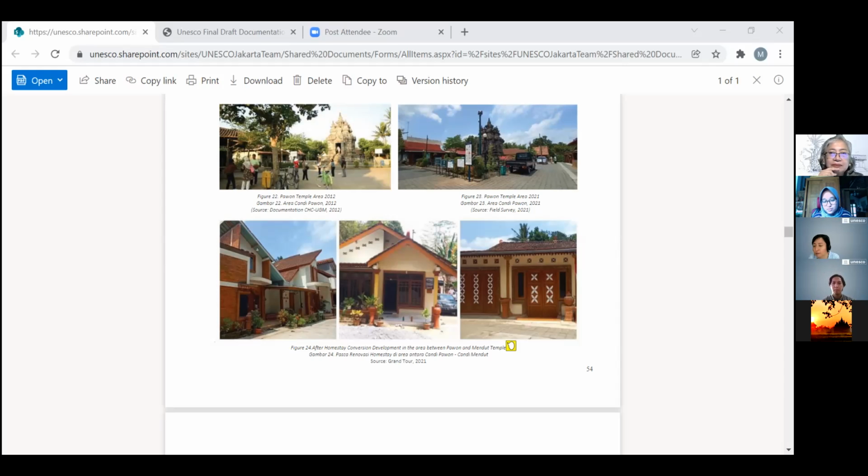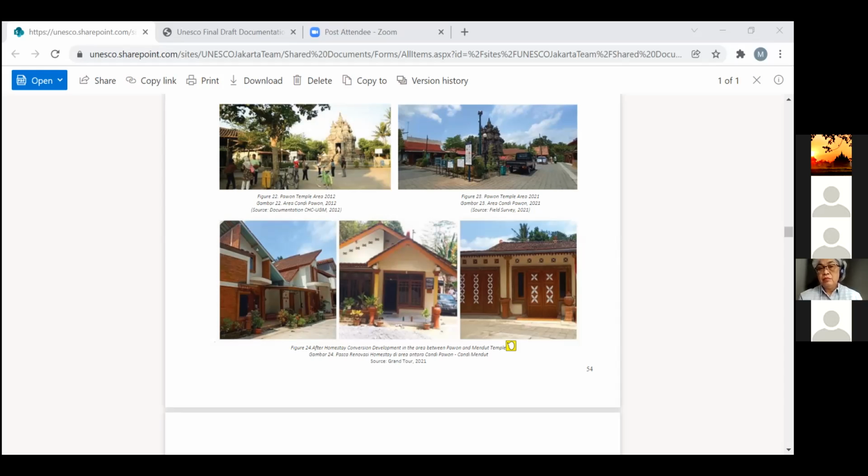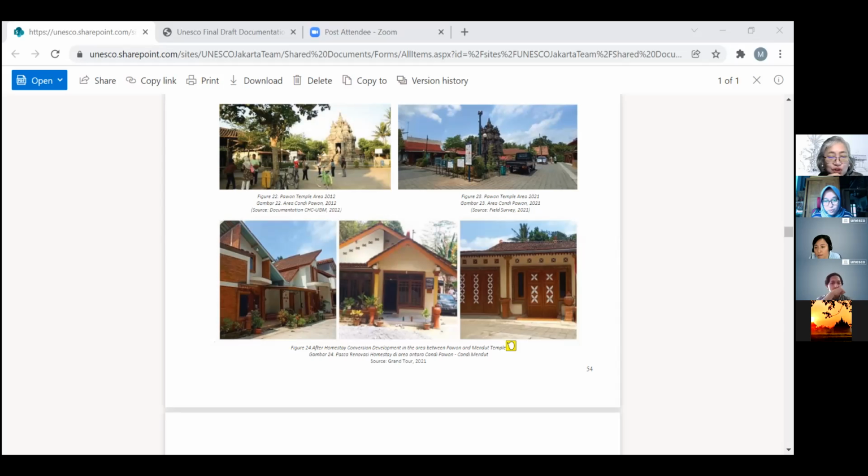Okay. Yes, I think we have to make more drawings in the conclusions, for instance, to show the key elements that are supposed to be there, not to be changed. That would be great. So, yes.